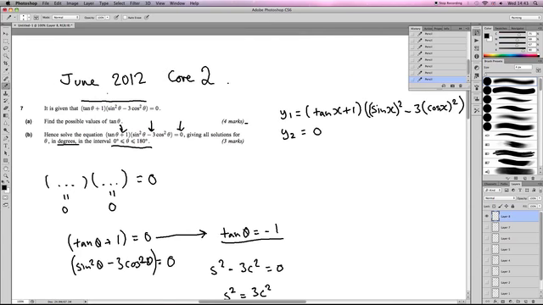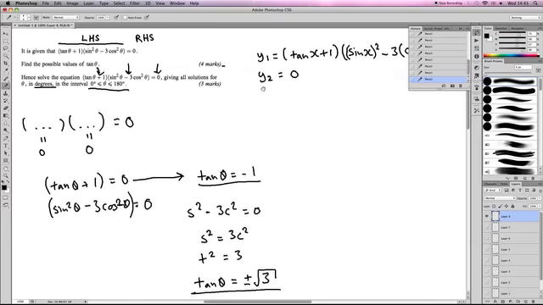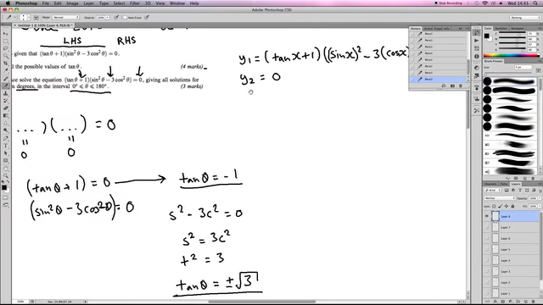So literally type in the entire left hand side into one line and the entire right hand side into the other line, and that should find you all the solutions. If not, we'll do it step by step.